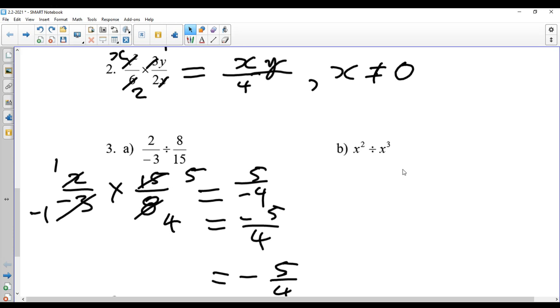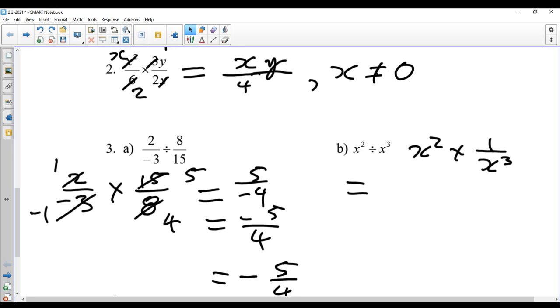But the other thing I was going to say is we could still treat this as x squared multiplied by 1 over x cubed. We could still do that. But the truth is that it's easier to just do what you just said, right? Which is just to subtract the two exponents from each other. So what does that give us when we subtract these exponents?